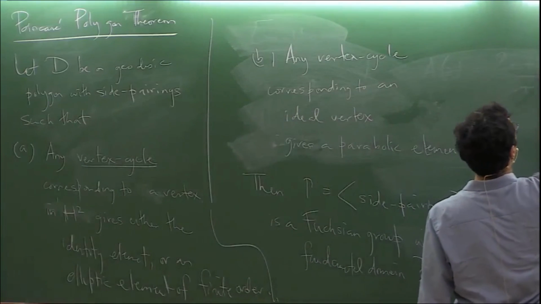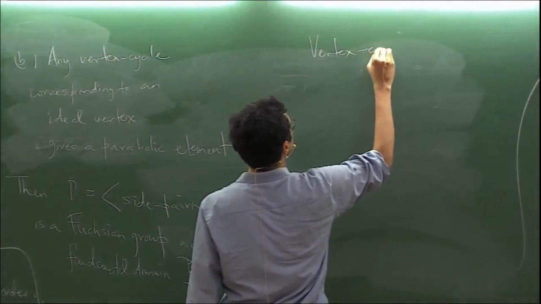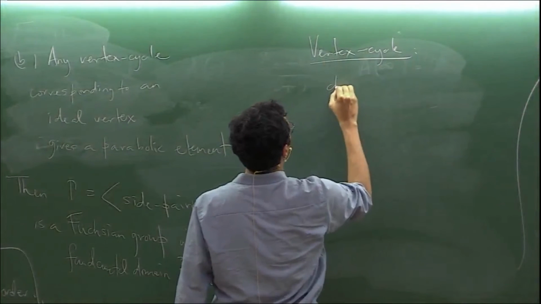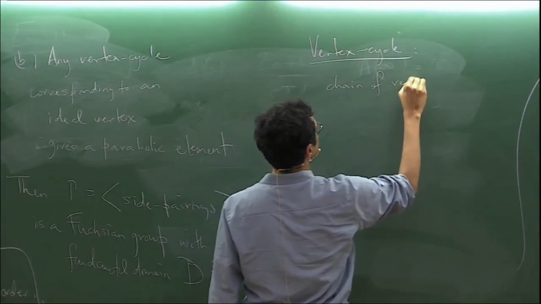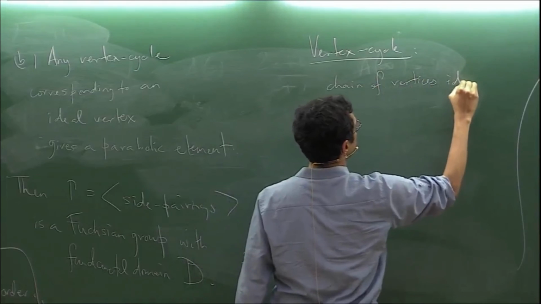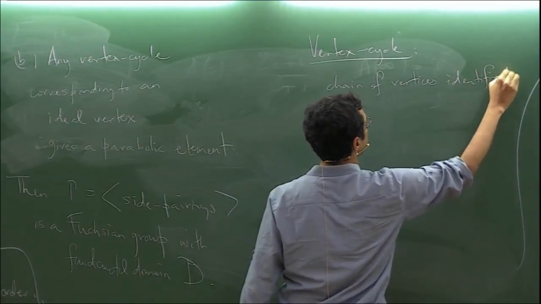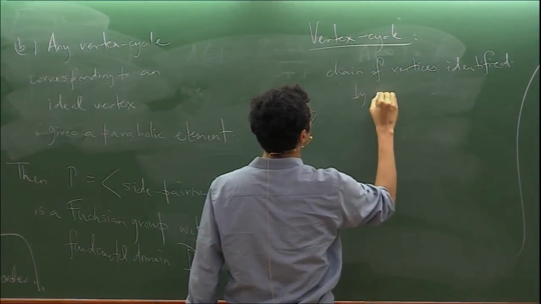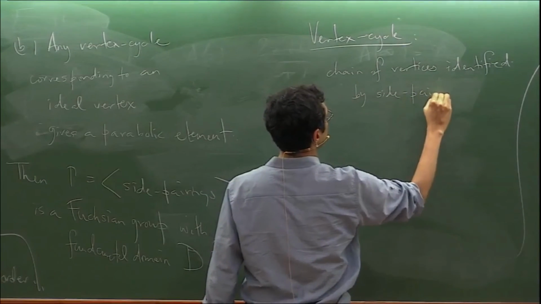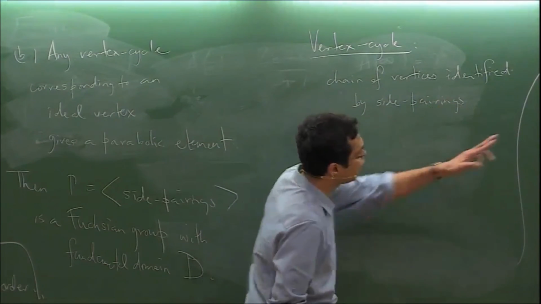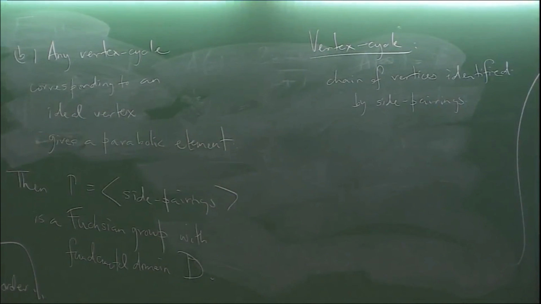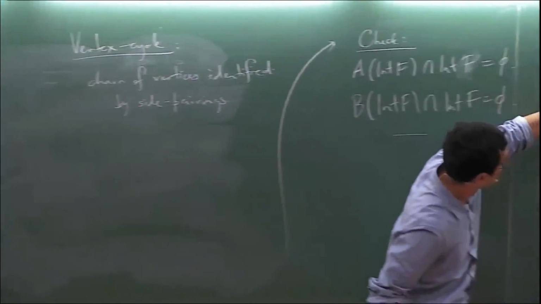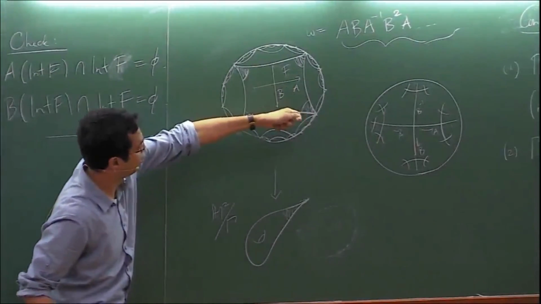So what's a vertex cycle? A vertex cycle is a chain of vertices identified by side pairings. I won't go into details, I'll just mention an example. This polygon has different vertices, and the side pairings identify vertices. Each time you have a side pairing, this vertex gets identified to that, and then you take another side pairing and that one gets identified.